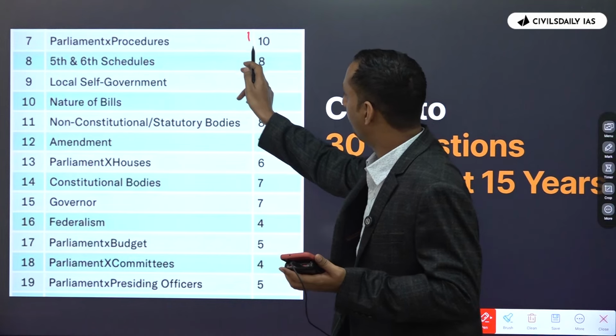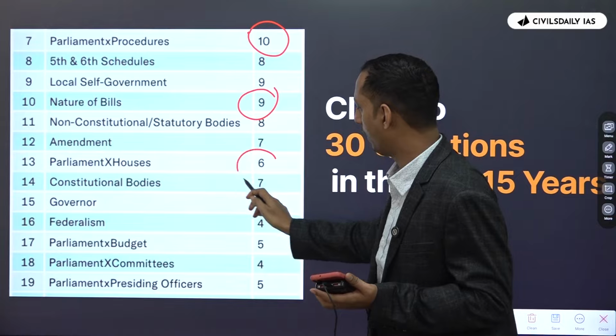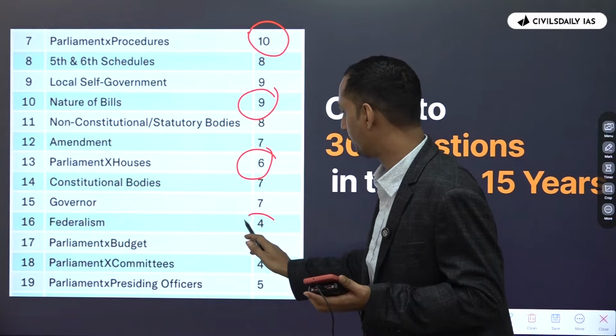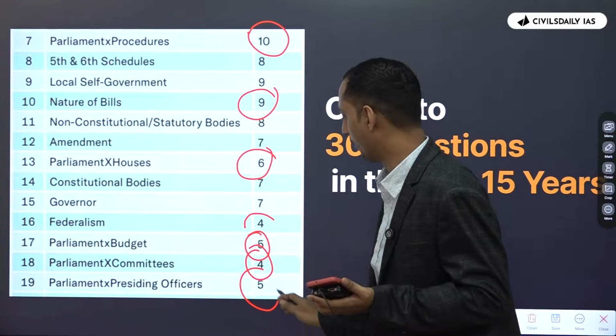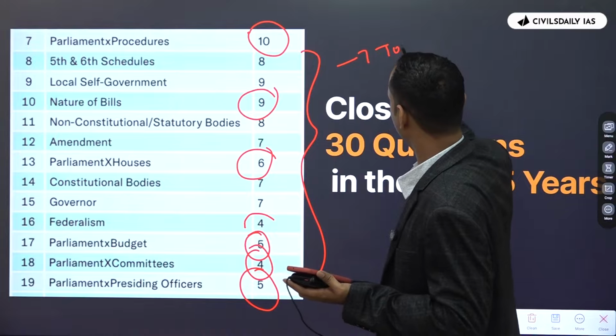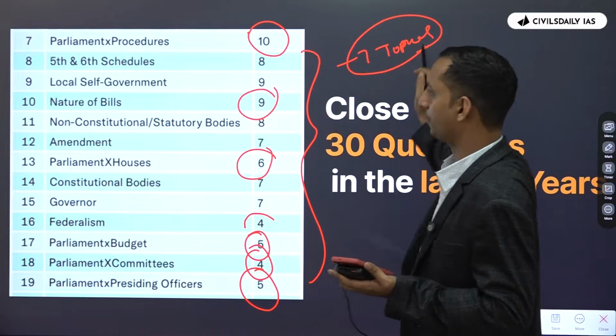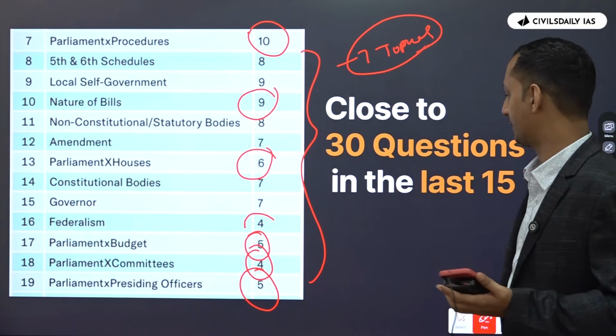You can see Parliament procedures, the nature of bills, Parliament houses, Parliament budget, Parliament committees, and Parliament proceeding officers. Sorry, we have divided into 7 topics here because so many questions came. Okay. Parliament is the most important topic with respect to Lakshmikanth.